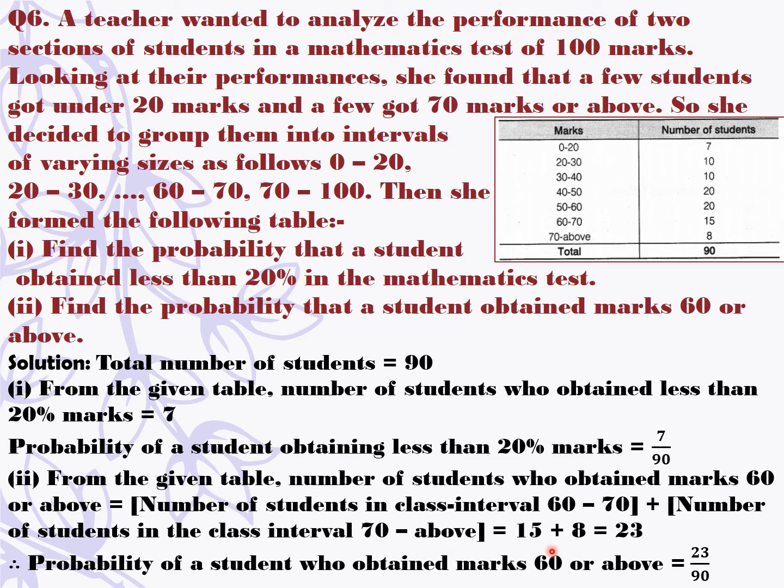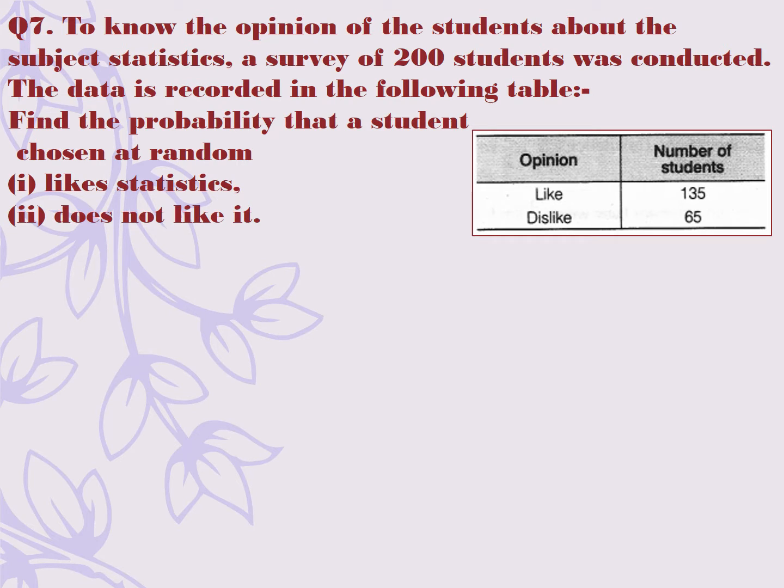That is equal to 15 plus 8, 23. Therefore, we can say the probability of a student who obtained marks 60 or above is equal to 23 by 90, where 23 is the favorable condition and 90 is the total number of students.